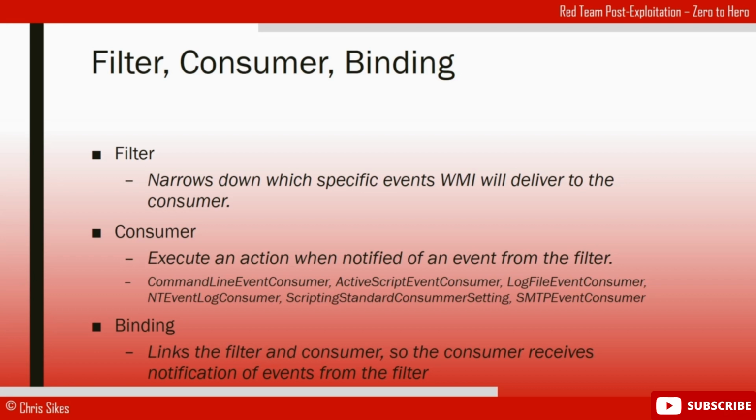You have a range of consumer classes you can choose for the action, such as a command line event consumer for command line based actions, to the SMTP event consumer, which sends email based on an event. The binding just binds both a filter and consumer, so the filter sends notifications to the consumer you choose.